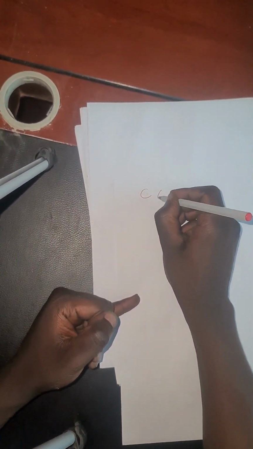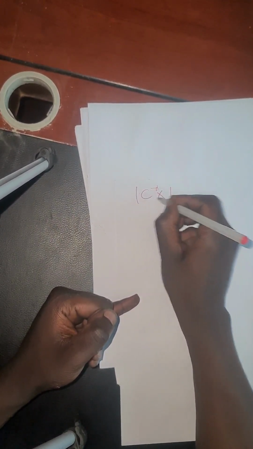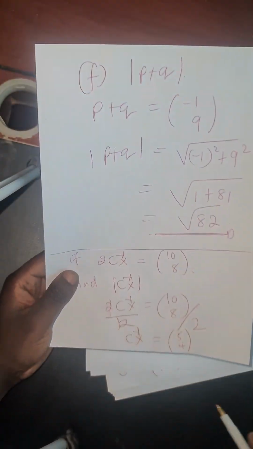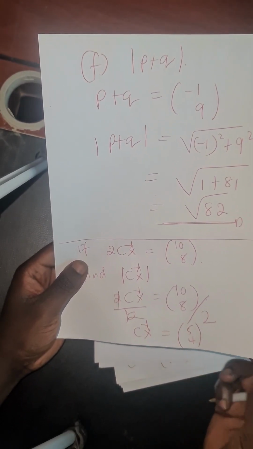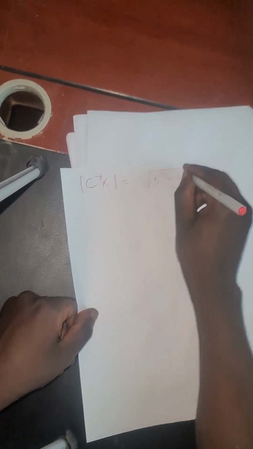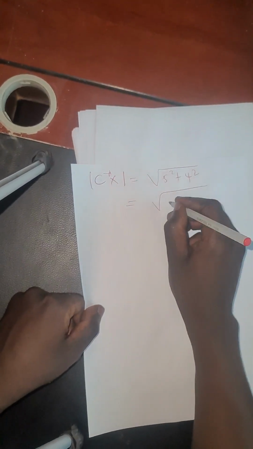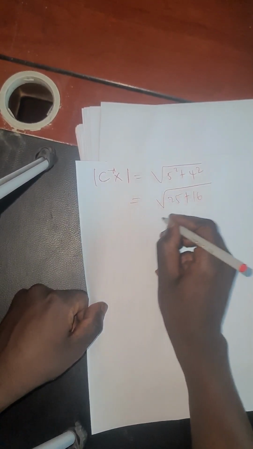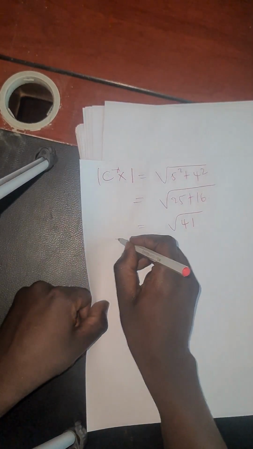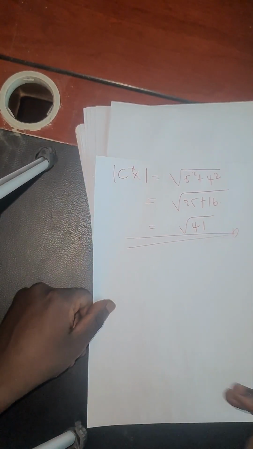Remember, we want the modulus of x, right? Now we worked out x as (5, 4), so we say 5 squared plus 4 squared. We're just going to get 25 plus 16, which is 41 again. Something simple like that, right?